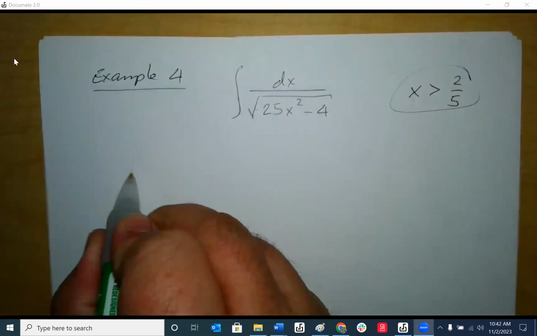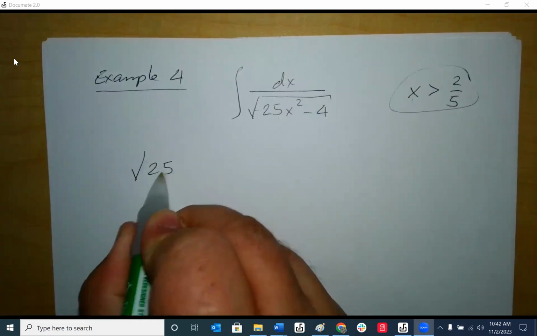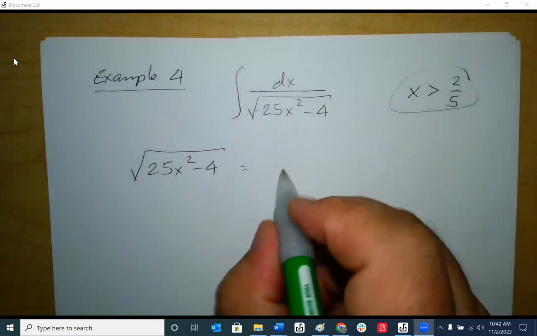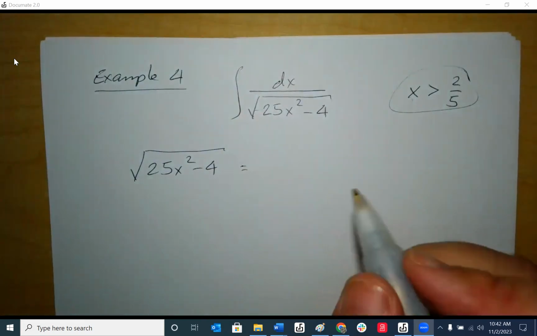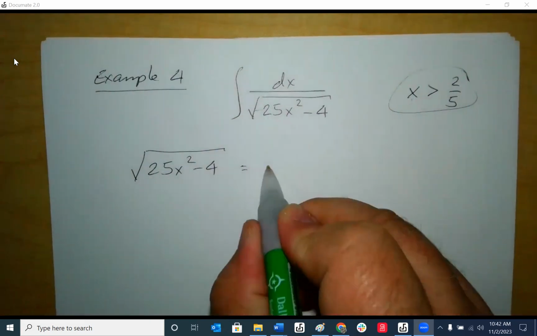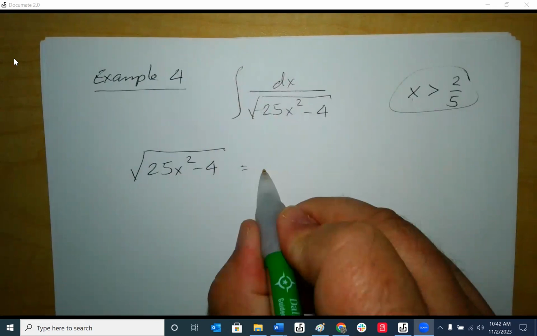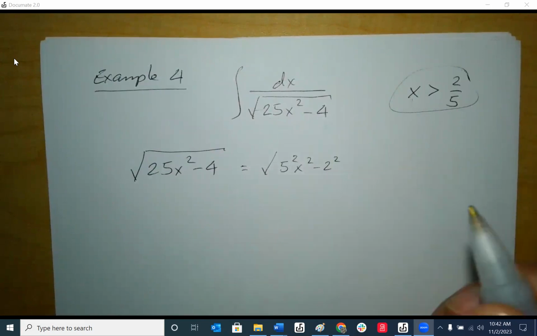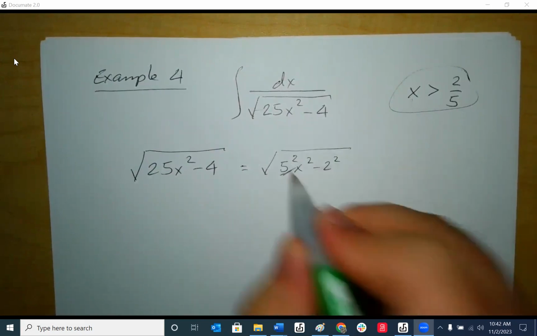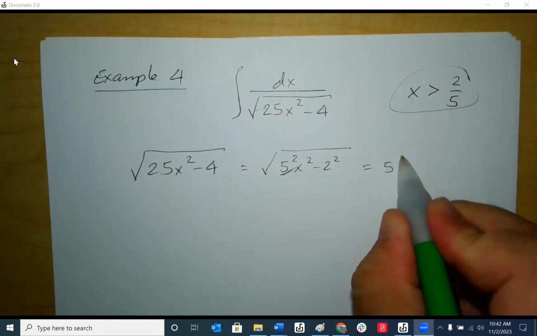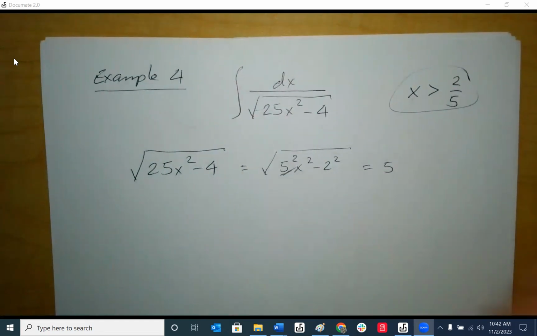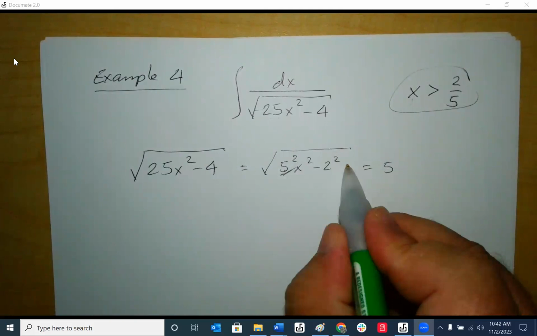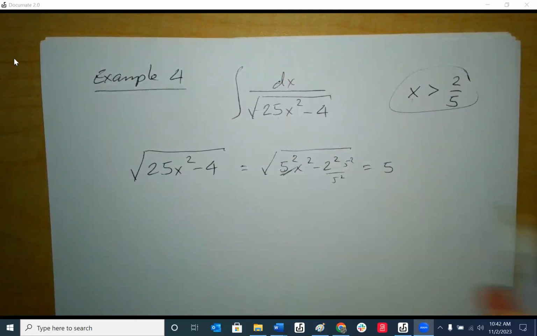So let's look at the denominator. We have 25x squared minus 4. Let's get rid of this coefficient, so we have to take it outside. This one needs it, so it needs a 5 squared over 5 squared.